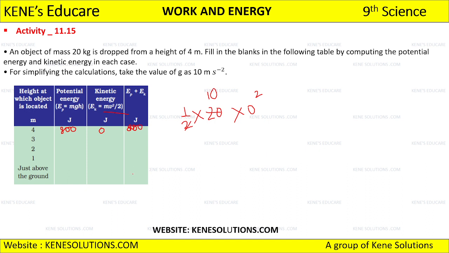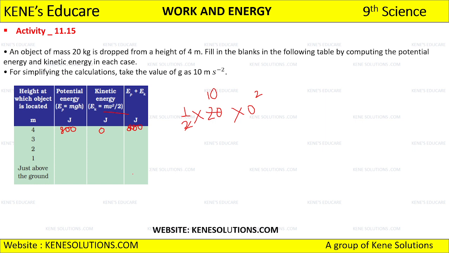Now at height 3, you will do the same thing, but over here you will have to find the velocity. So we know that the initial velocity is 0 and acceleration due to gravity that they have given, that is a is equal to g, is 10 meter per second square. And what is the distance traveled? From 4, the distance traveled by the object comes to 3. So 4 minus 3 is 1, right?